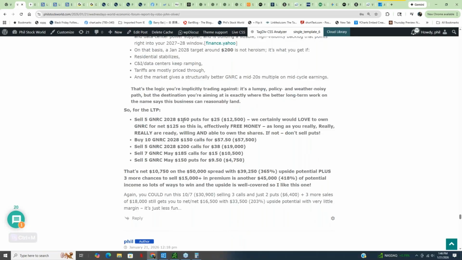So to me, that's free money. I would love to buy GNRC, which is currently at 170, for 125. So if I sell the 150 puts for 25 and get assigned, my net would be 125. I would be thrilled to own them down there. Therefore, I don't consider that a problem.